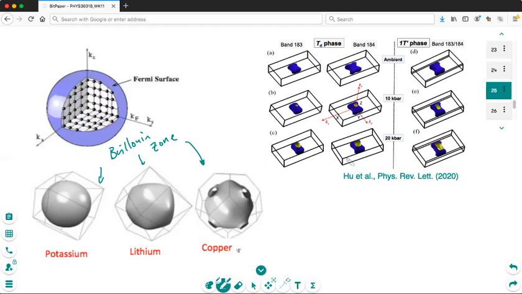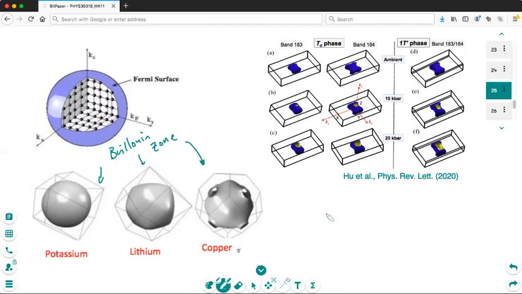So here, the take-home message is the following. From the textbook treatment, you need to know how to get this spherical Fermi surface. And at the same time, you need to be aware that suppose you read some research article, don't complain that some Fermi surfaces are not spherical. Most of the time, they are not, because there are other complications due to the interaction with other degrees of freedom.